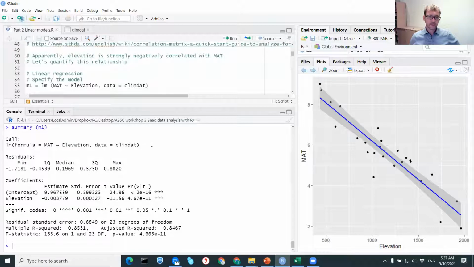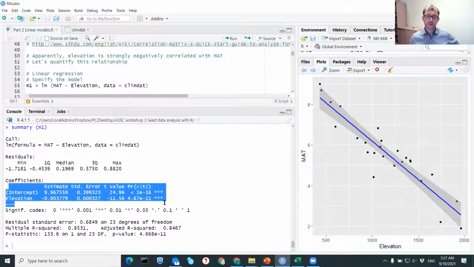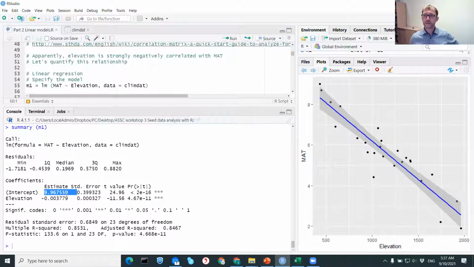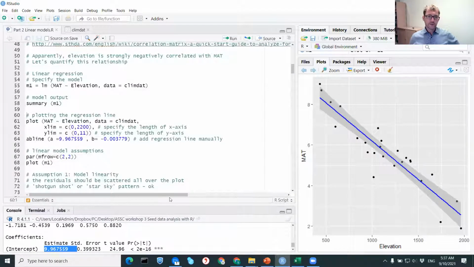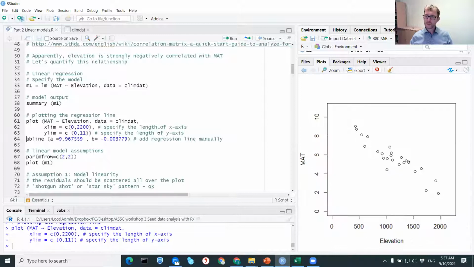Once again, here is a short reminder of what we're working with. Those are the coefficients the software calculated for us, and the software thinks that those estimates are the best ones to explain the relationship between elevation and temperature in our data set. Now just to make it clear, here I'm using the old good basic plot function. Again, I'm plotting my raw data, elevation versus mean annual temperature.